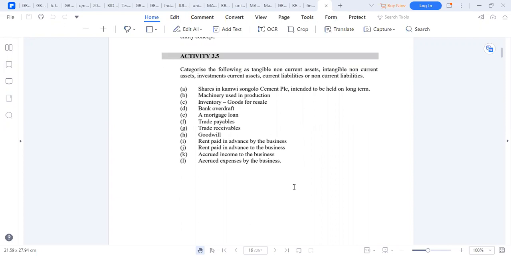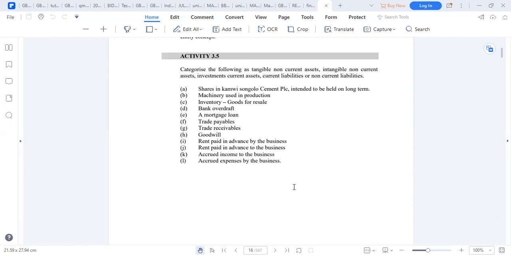Inventory, goods for resale. Non-current. Bank overdraft. Liability. What kind of liability? It's a current liability. Okay. Mortgage loan. Non-current. Trade payables. Current liability.